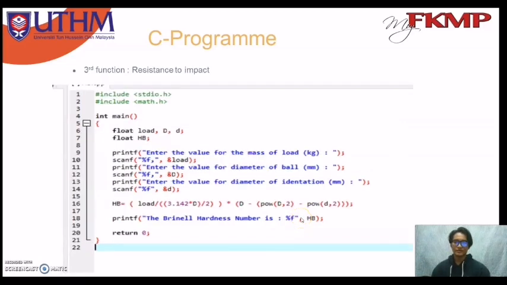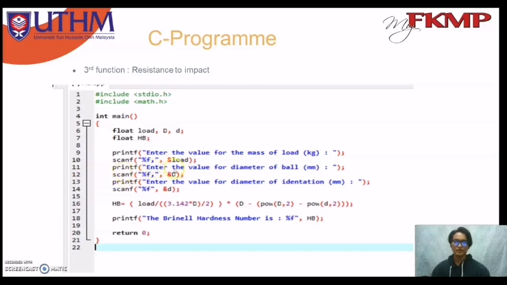For the third function, which is resistance to impact, first we need to call for the library and then we declare float load, capital D and small d, and float HB. First, we enter the value for the mass of load in kilogram and we scan the value input into float load.